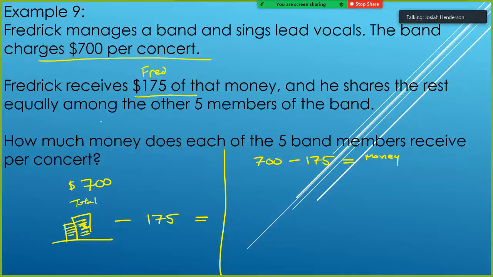And then that M for money is being shared equally among 5 people. So that means we're dividing. Shared equally means cut up equally, right? So divide it by 5. So 700 minus 175 is 525.